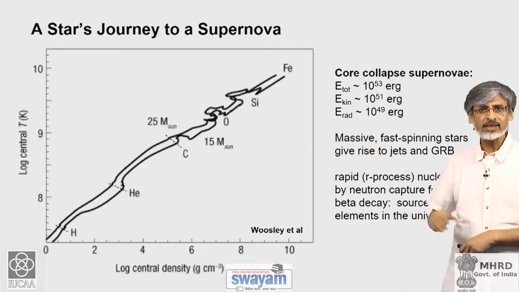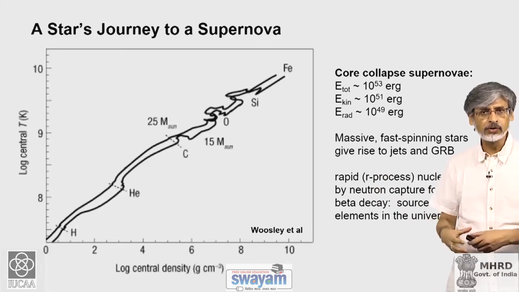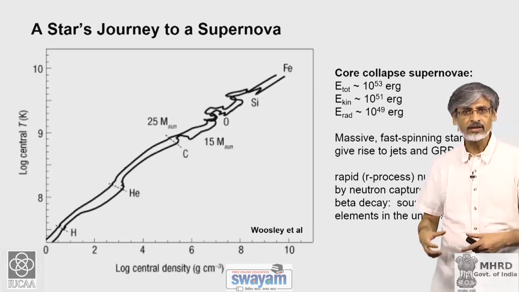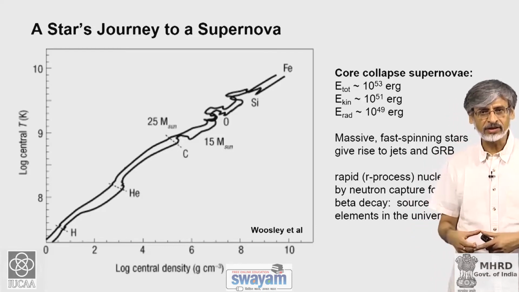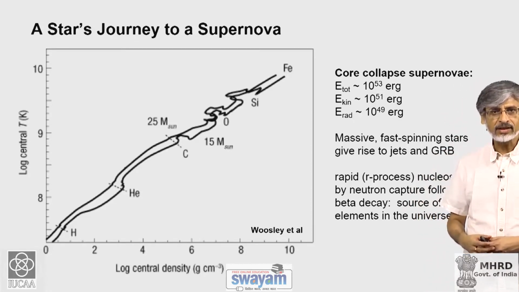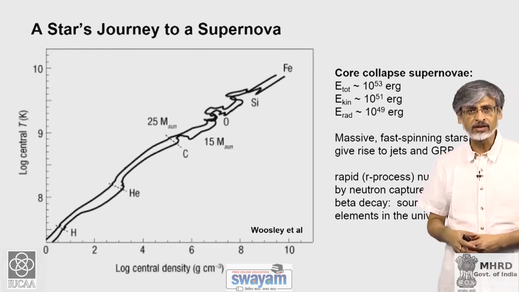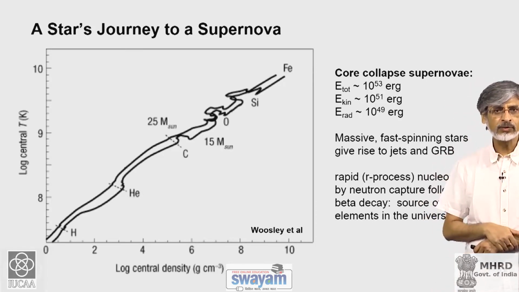So, these massive fast spinning stars will produce black holes at the center, and as the matter converges on it from the stellar envelope, that matter can extract some of this rotational energy and be ejected in the form of a very fast moving jet.